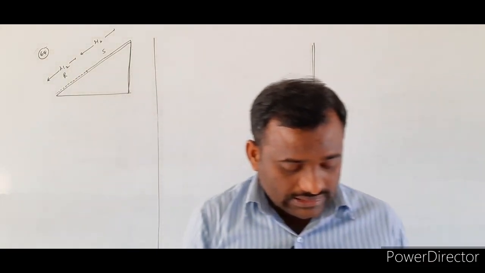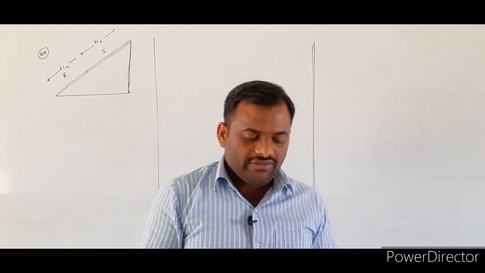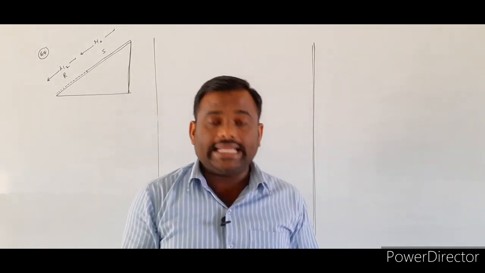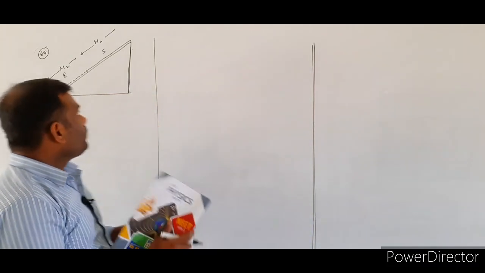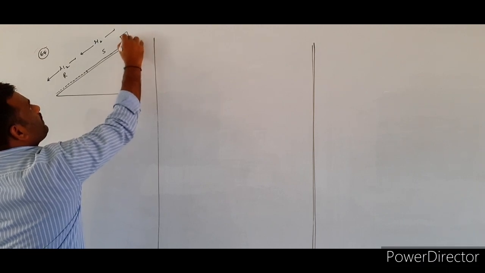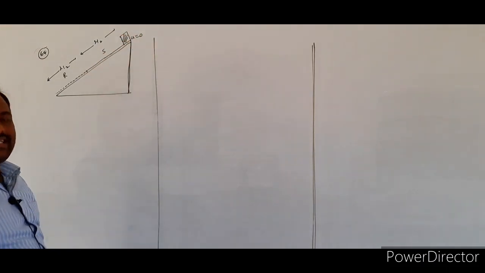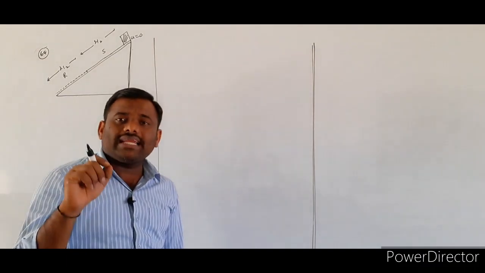Now, a block starting from rest at the top of the plane will again come to rest at the bottom. So initially, from the top of the inclined plane, a block was released. A block was released means what?